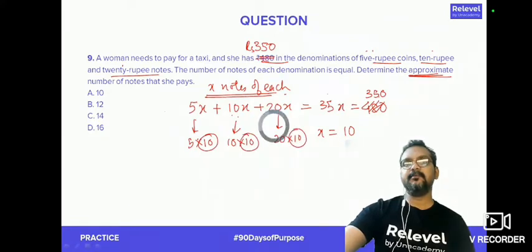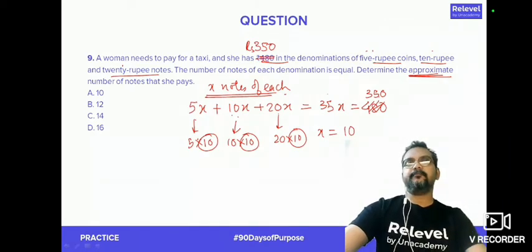So that will be 30. 30 notes, which clearly will not be any of the options here. Okay. Let's move on to the next question.